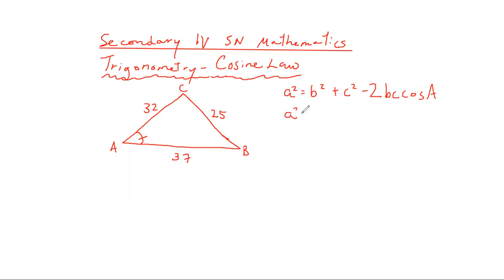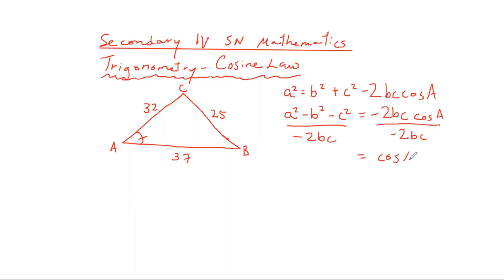So I end up with A squared minus B squared minus C squared, and all this, of course, is equal to negative 2BC cos of A. I'm going to now divide both sides by negative 2BC, and cos of A is what I'm left with. And on this side, of course, I have A squared minus B squared minus C squared over negative 2BC.